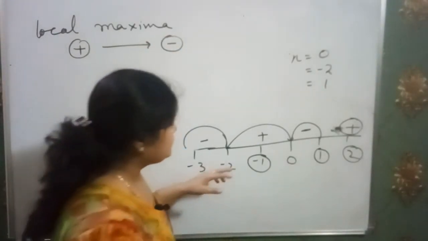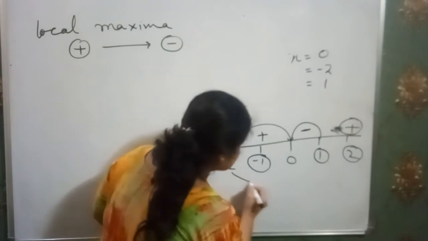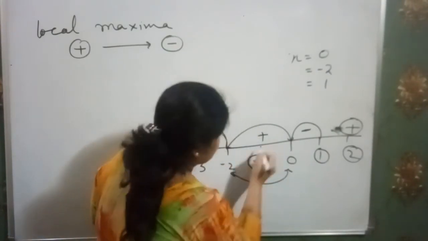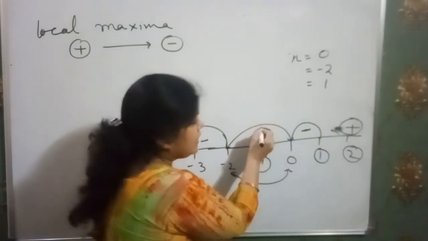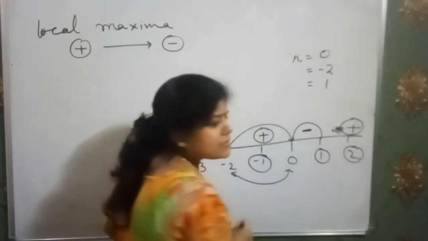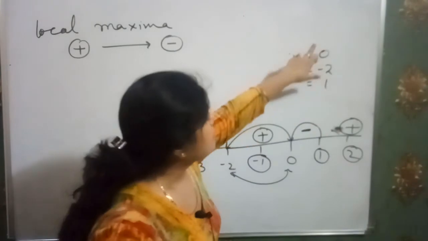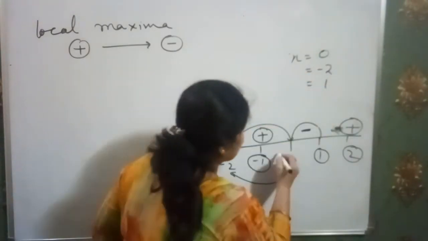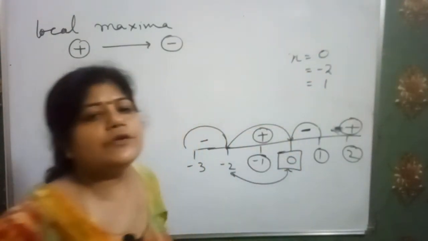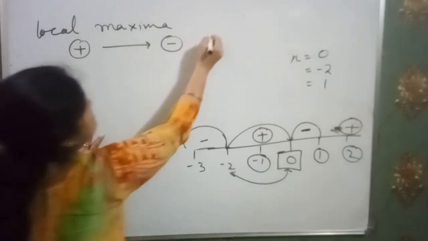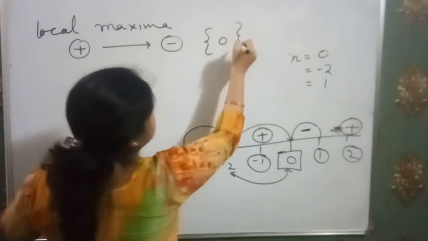Now see here. From minus 2 to 0, it is plus and then it becomes minus. So in between plus and minus, in these three values we have what? 0. So the local maximum value is at 0.